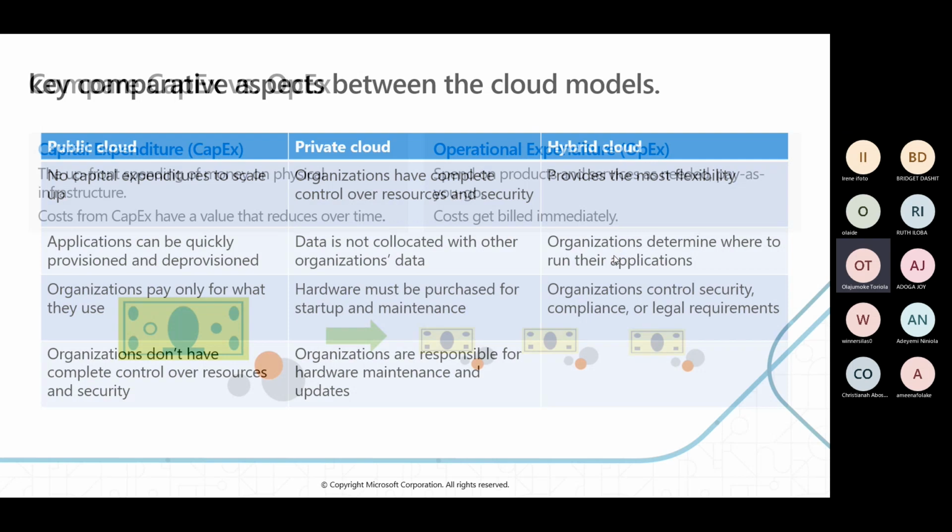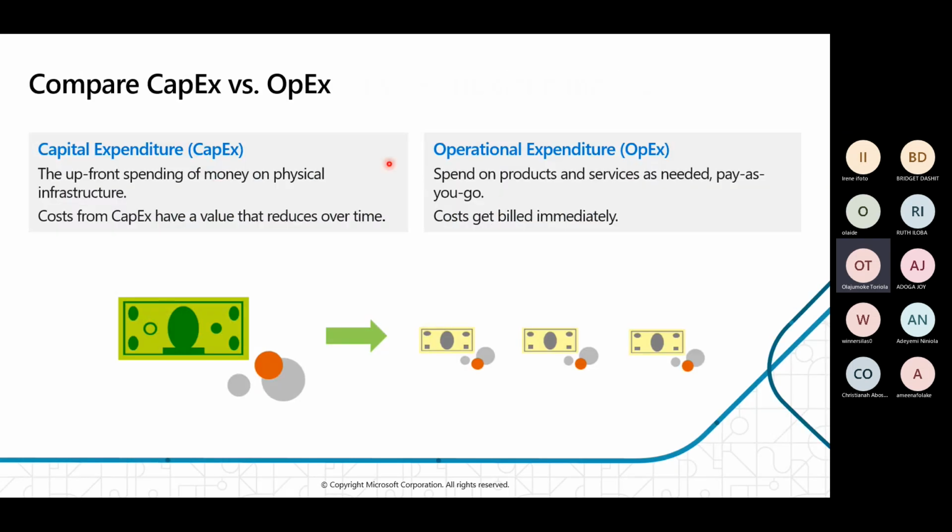Now let's talk about what we mean by CapEx and OpEx. If you have not heard of these words before, they stand for capital expenditure and operational expenditure. There are a variety of costs and expenses which companies have to pay in order to continue running their businesses.